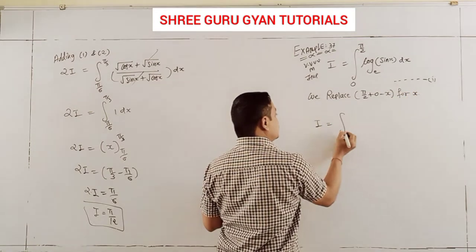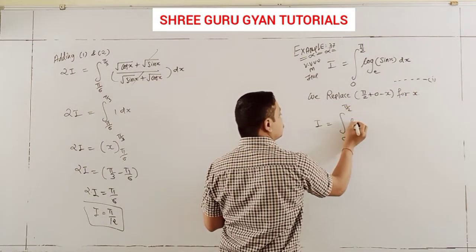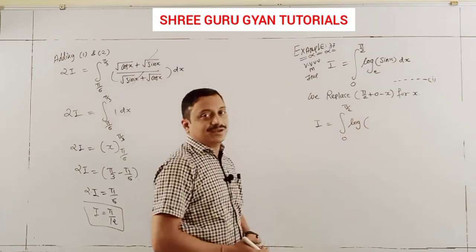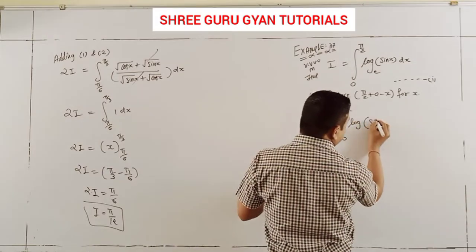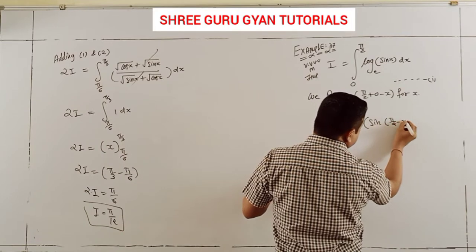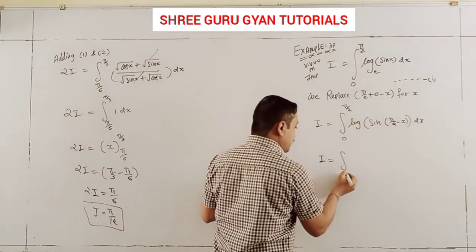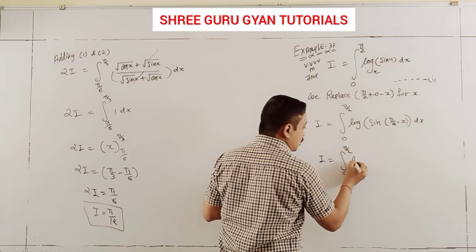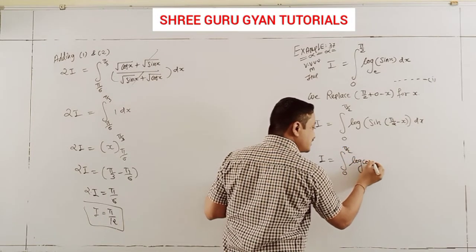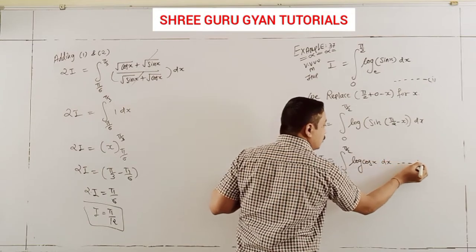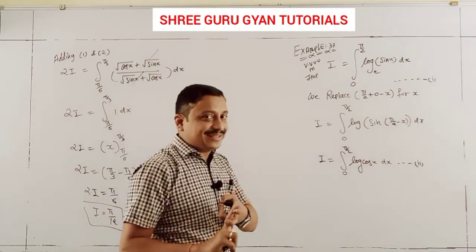So your integral is 0 to pi by 2, and here you can go value-wise, sin of pi by 2 minus x. So what is your value? Your value is log of cos x.